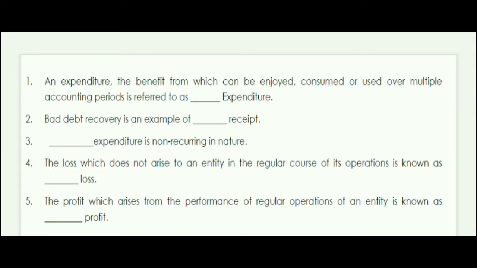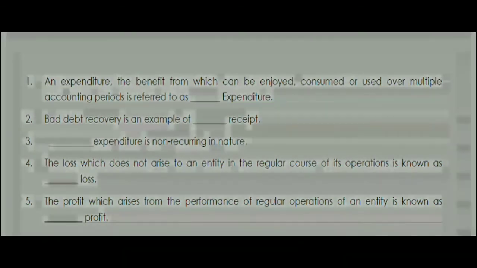Well, this is the capital loss, because depreciation and amortization are there, so it's not in the current year. Next, the profit which arises from the performance of regular operations of an entity is known as revenue profit. I repeat the answers: first was capital, second was revenue, third was capital, fourth was capital, and fifth is revenue. So let's see the next question now.